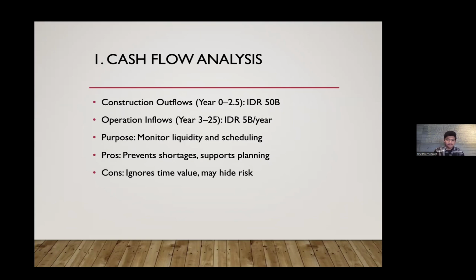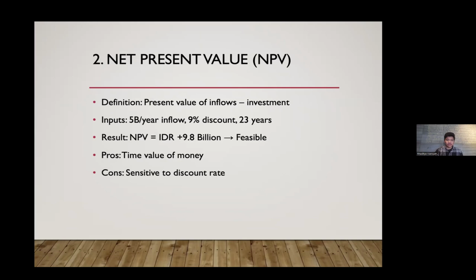Okay, next we have the net present value, as I said before in the previous explanations. So we have an input of around 5 billion a year with a 9% discount rate over 23 years.